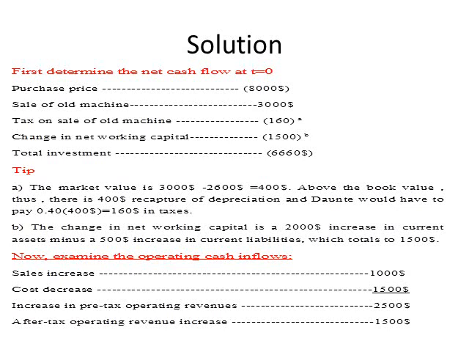So the result will be $400, and we multiply it by the tax rate, 40% times 400 equals 160. That's why we put here tax on sale of old machine negative 160.